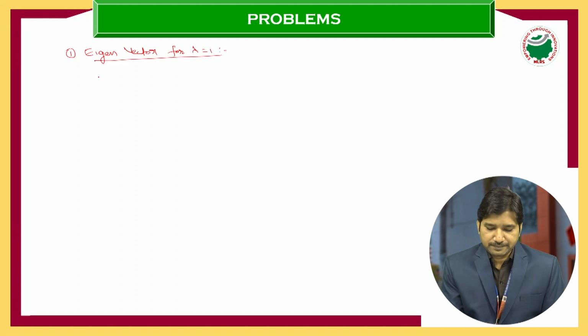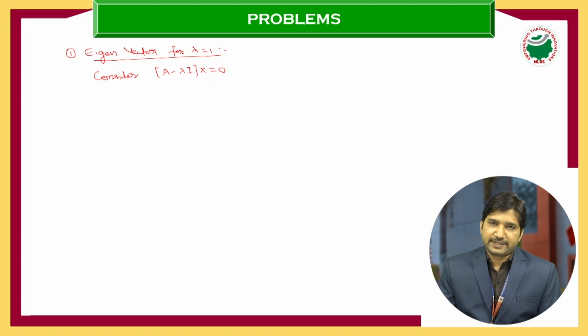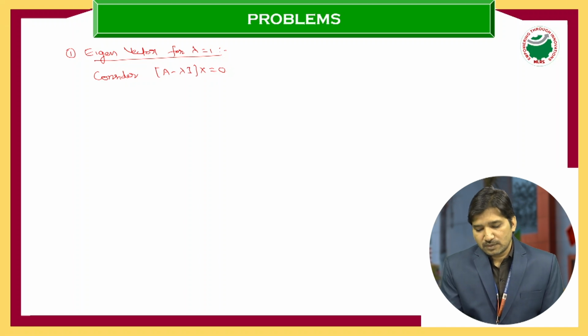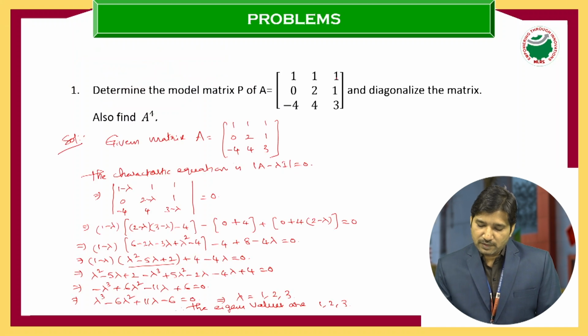So consider the matrix A minus lambda I into X equal to 0. That is the system of the matrix. The matrix A is 1 1 1, 0 2 1, minus 4 4 3.